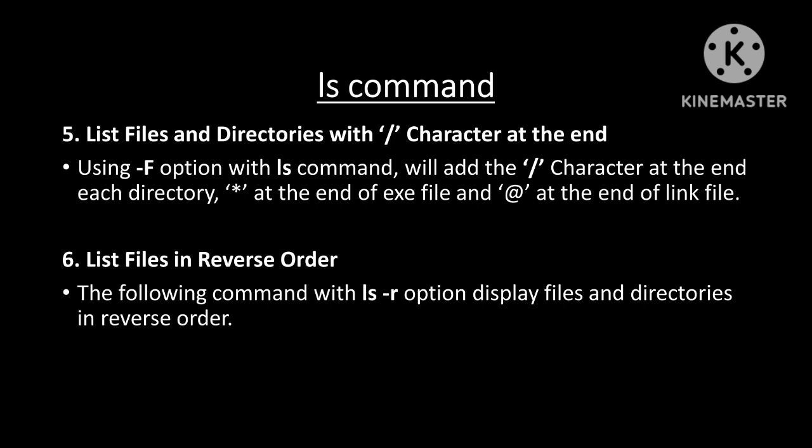If we use ls -F, then it will add the / character with every directory, an asterisk at the end of all executable files, and the @ symbol at the end of link files. So that is one of the options.